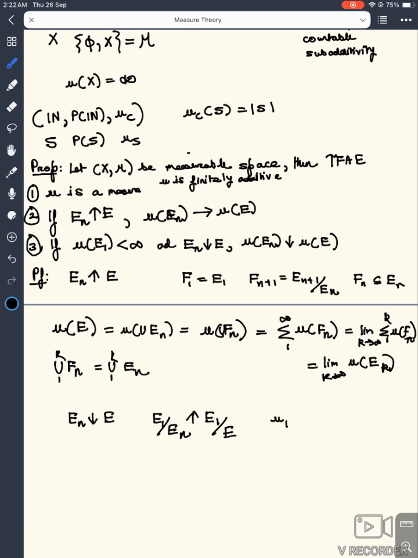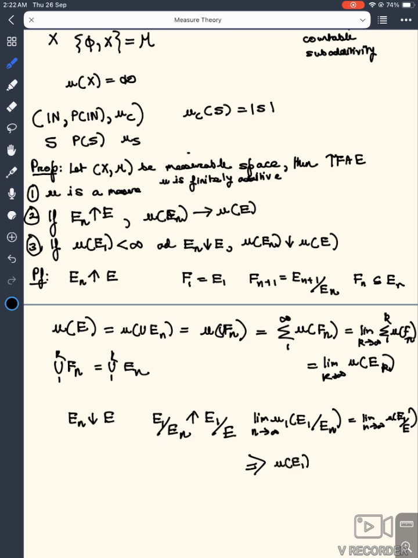So E_n decreases up to E, then E_1 minus E_n increases up to E_1 minus E, and then mu of E_1 minus E_n, by continuity from below, has limit mu of E_1 minus E. Since it's finite, you can break it; even if it's not finite, you can break it if the lower one is finite.